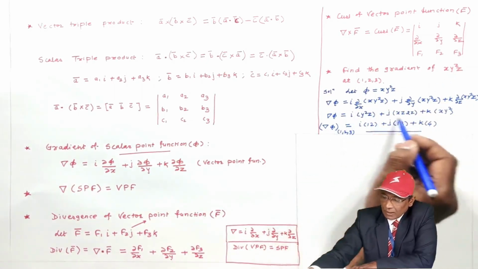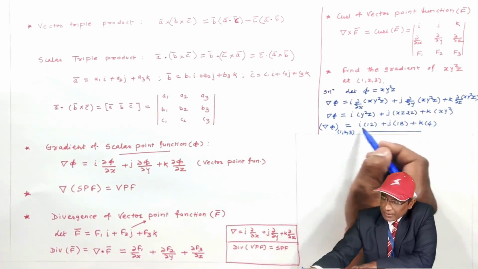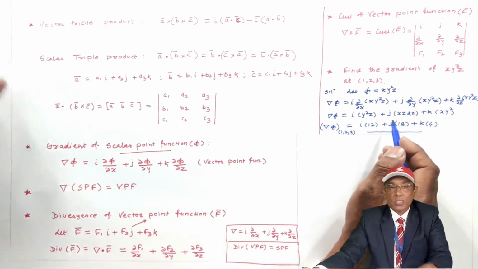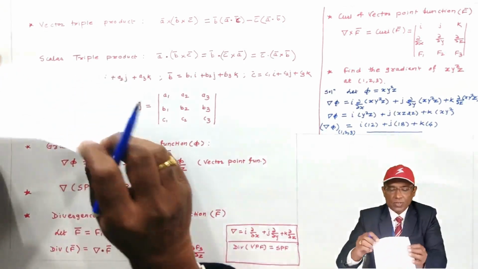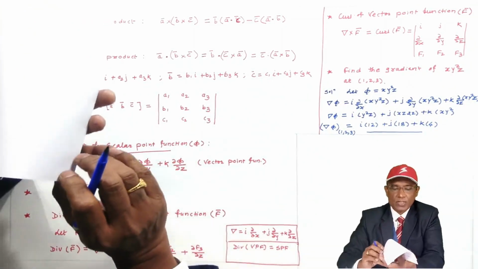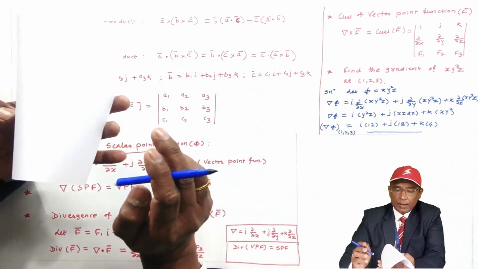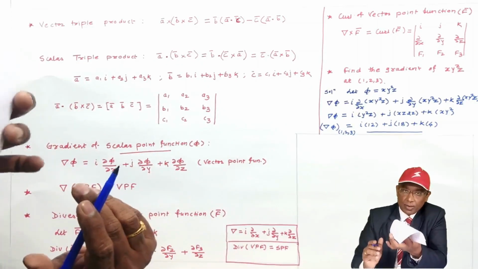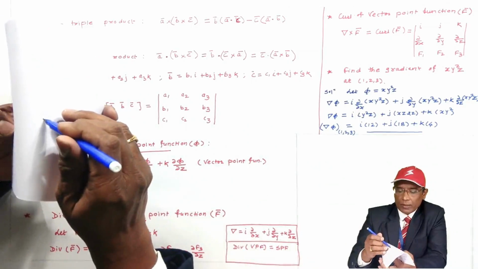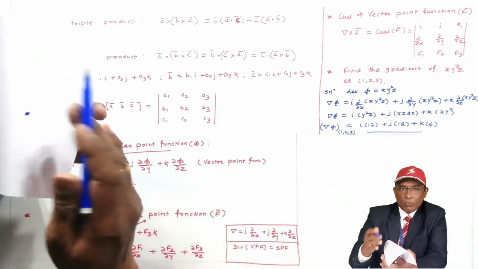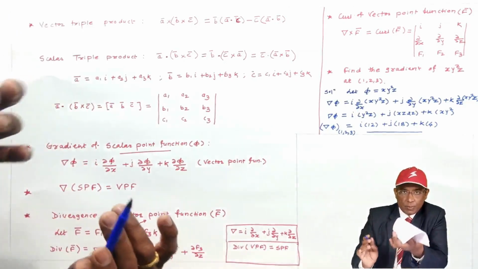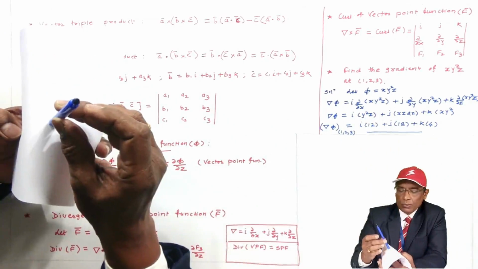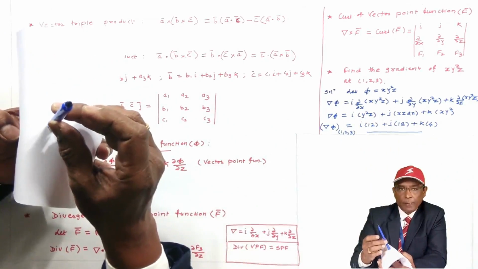This is the gradient in general. This is the gradient particularly at this point. The gradient of any scalar point function gives us the normal direction. This is the surface phi, and this surface is a scalar point function, and the gradient of this phi, at this point 1, 2, 3, is a normal to the surface at that point.